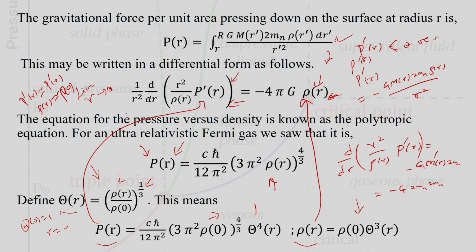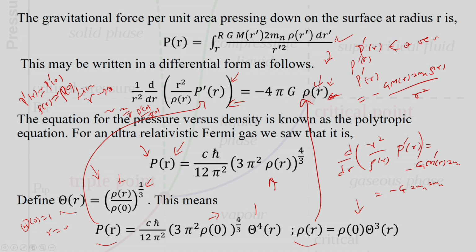So this whole thing is going to become something like d by dr of r squared, because all the rest will become constant and go out of the derivative. So it is d by dr of r squared, which is basically 2r. So 2r by r squared is 2 by r, times p dash 0 by rho 0, and that is equal to some rho of 0.